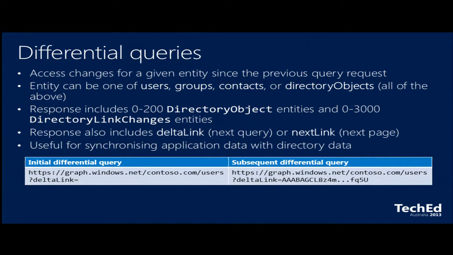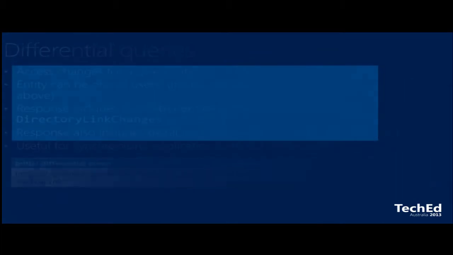That token indicates to Windows Azure AD that I want to access the changes since that last request. Those responses can be rather large, and you can page through them. But it's quite a useful API for supporting those synchronization scenarios. Just to demonstrate that to you.